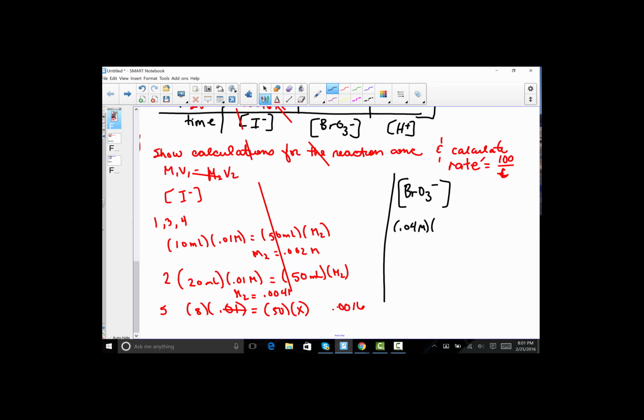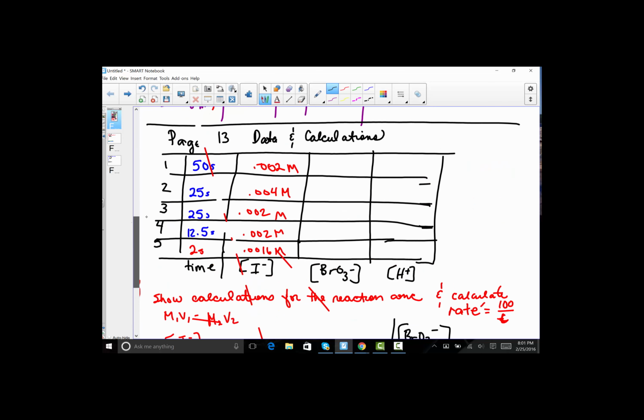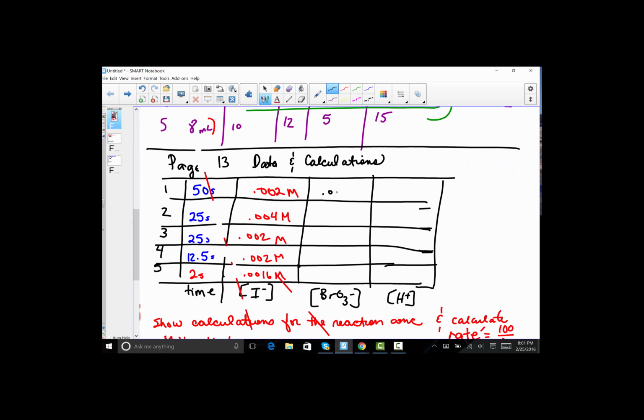In our first trial, we measured out 10 mils, diluted it to a total volume of 50. What's the new concentration? So 0.04 times 10 divided by 50, and our new concentration here is 0.008. And I'll go ahead and put that in our data table.